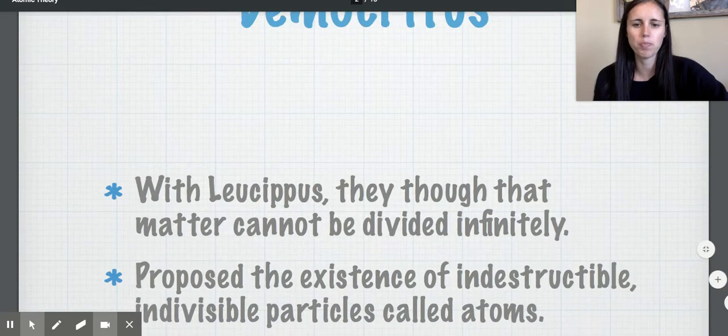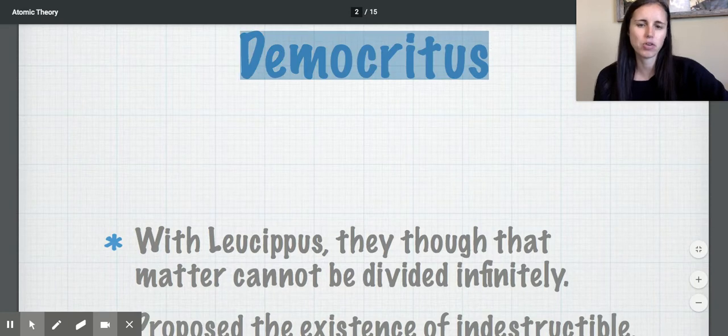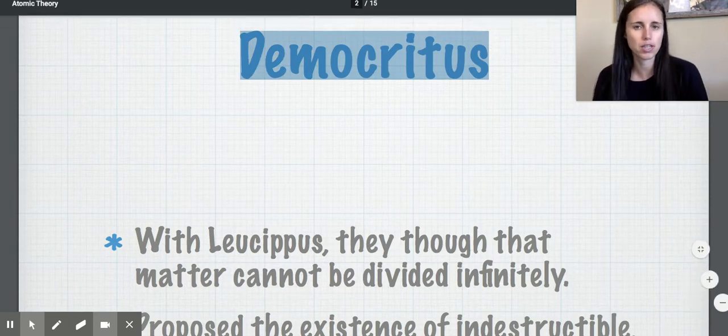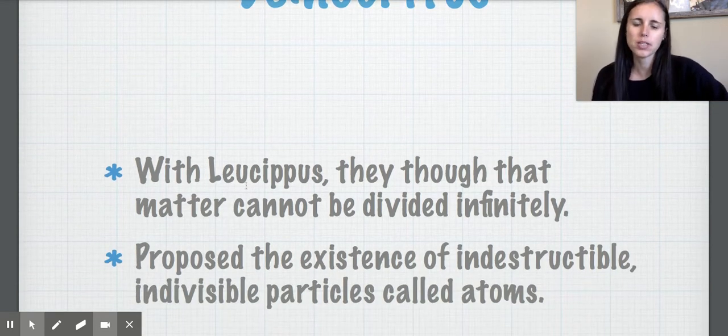We are going to go back in time and we're going to look at our very first one, and this is Democritus. So Democritus was a Greek philosopher. He also studied chemistry, physics, was kind of a jack of all trades. He worked with this gentleman named Leucippus, and they came up with the idea that matter cannot be divided infinitely.